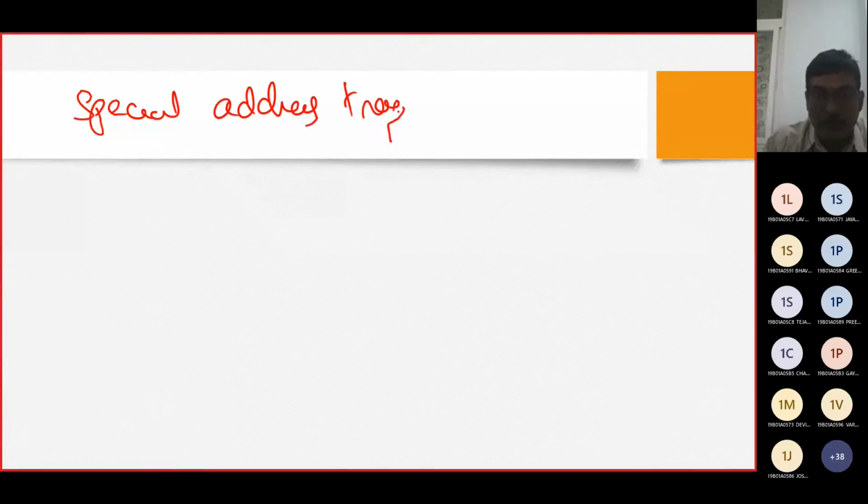The next criterion was that we have to use special address transfer instructions.